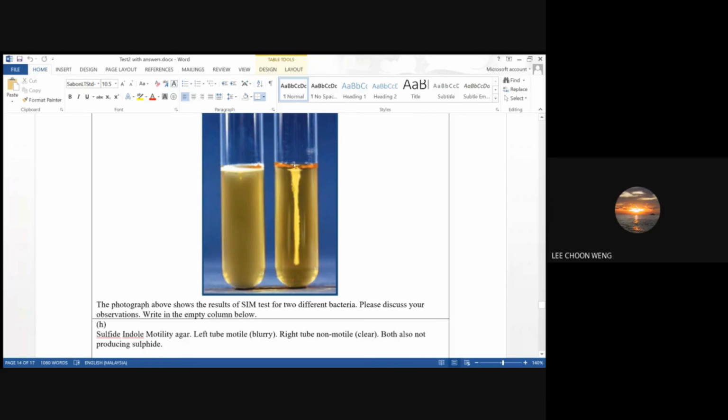So when it's 0.5%, it's very, very soft. It's soft so that it allows the bacteria to swim out. So if the bacteria is motile, it will cloud the whole tube. If the bacteria is not motile, it will only grow along the stab thread.